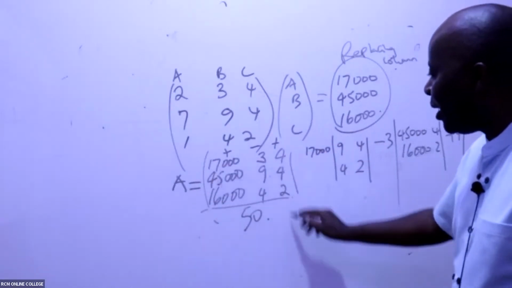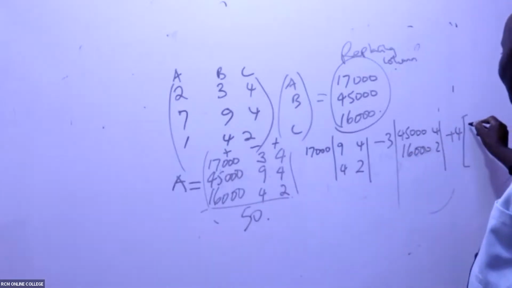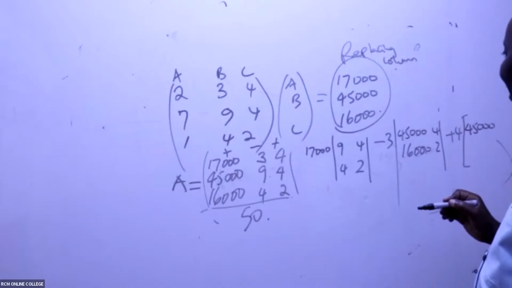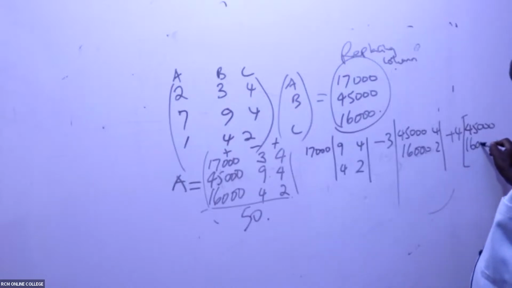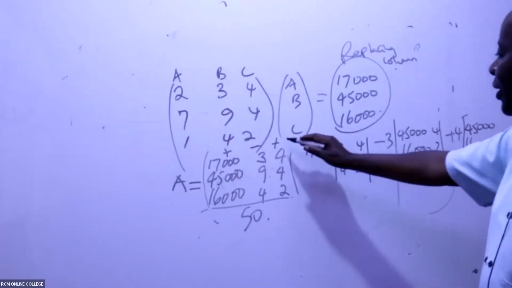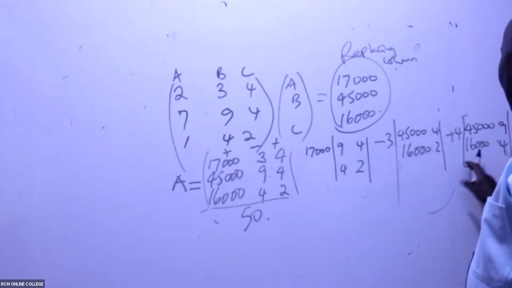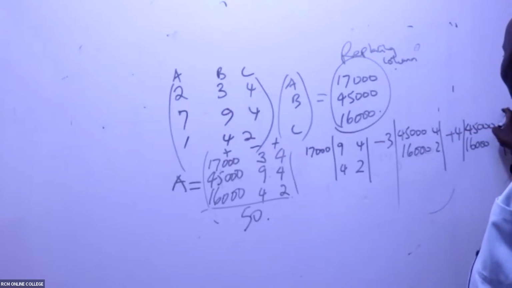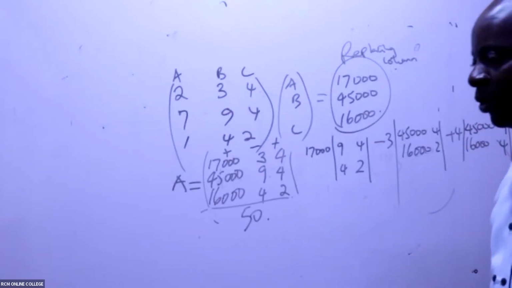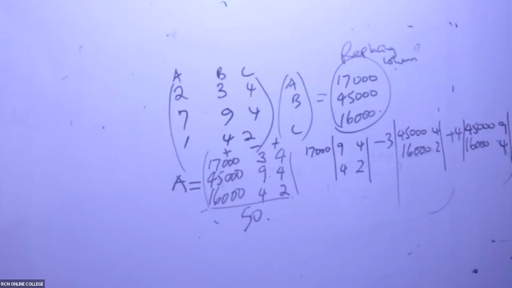So when you hide this under that, we have 45,000 and 16,000. And of course, if it is this and that, we have 9 and 4. So I'll repeat, but is there somebody who has been able to follow up to where we are?